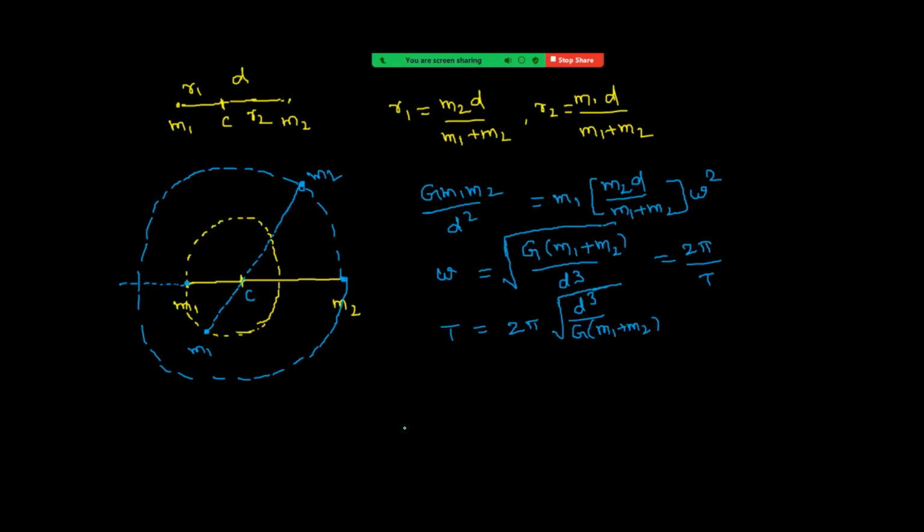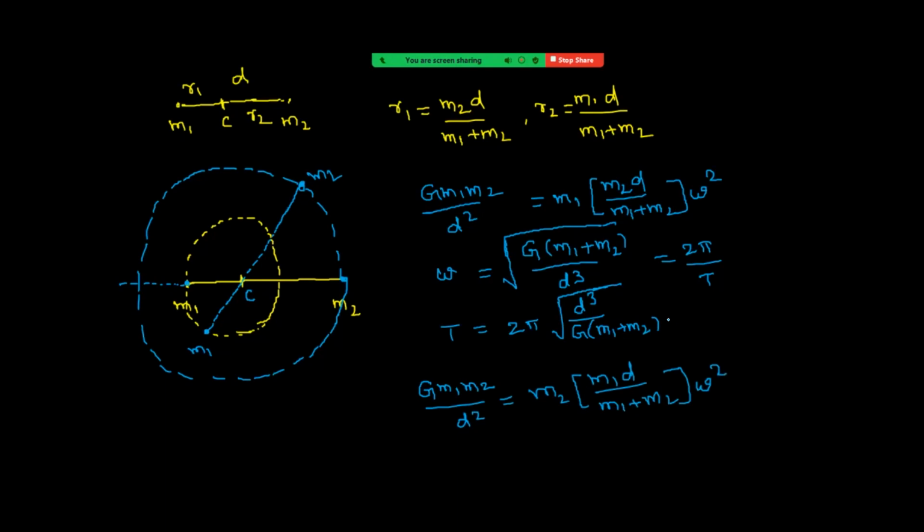We can get the same thing by taking the force on the second body. The equation for centripetal force has no change: G m1 m2 upon d square is equal to, if you are focusing on m2, m2 into r2, where r2 is m1 d by m1 plus m2, times omega square.